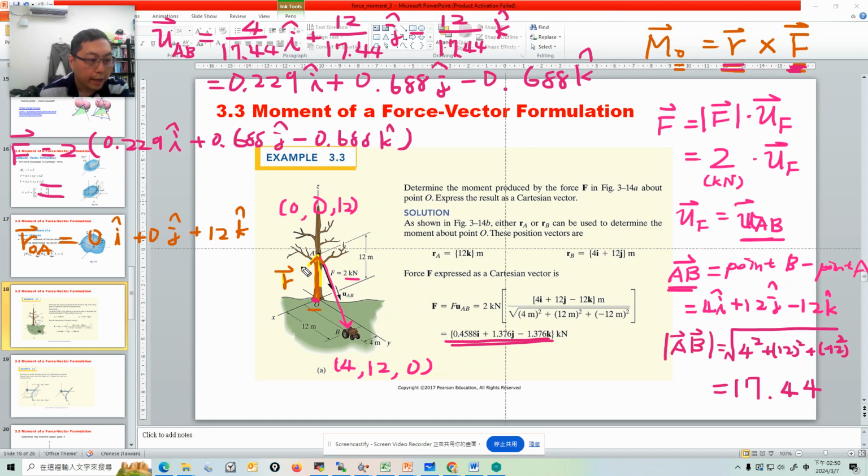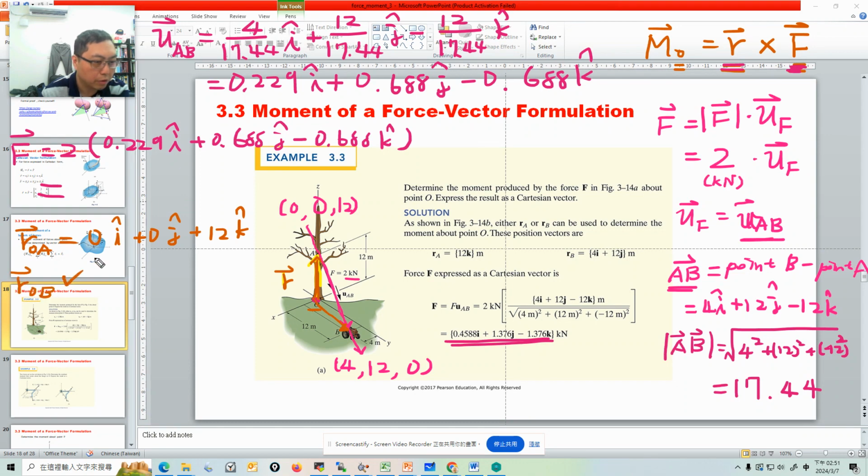In this problem, you can also choose another position vector, but it is hard to see. Like we said in the previous slide, force is a sliding vector, and we want to calculate the moment with respect to O. So you can choose the OB vector as well.